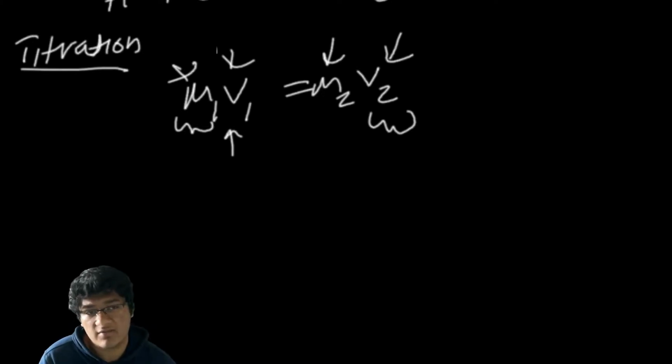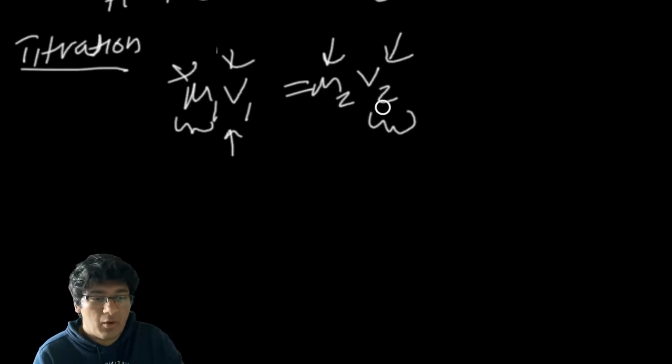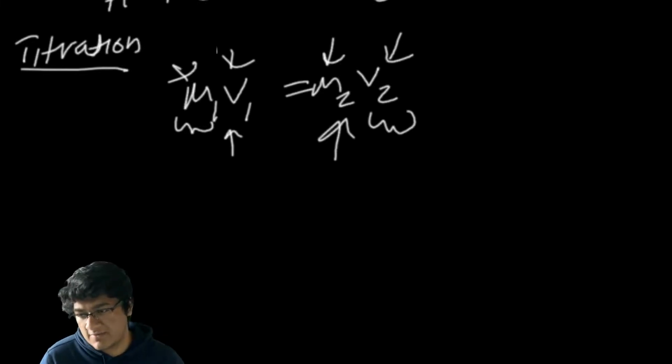The indicator is added to the solution, and it does not affect the reaction, but it gives a moment where the color changes, which indicates that the titration is over. At that point, we'll measure this V1 and then finally solve for the concentration of this unknown substance.